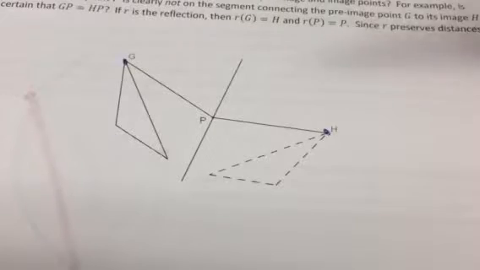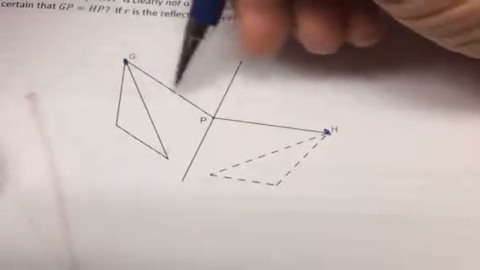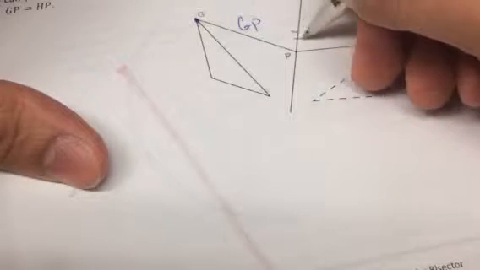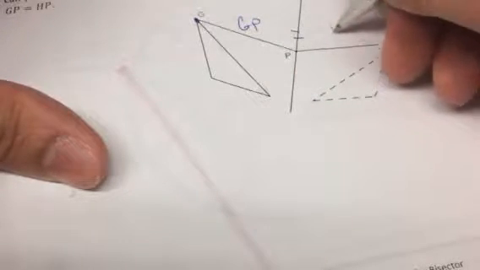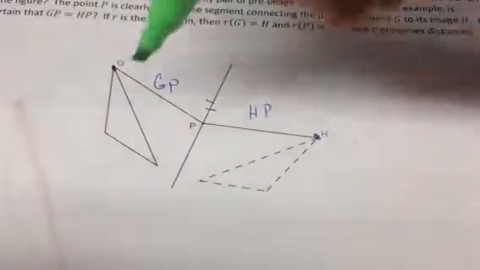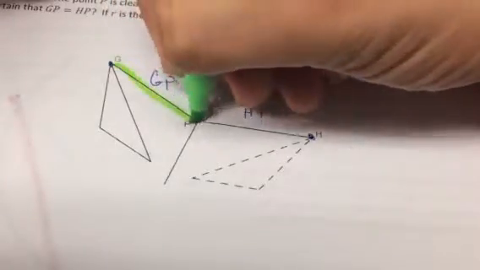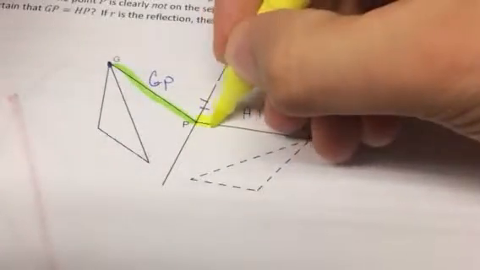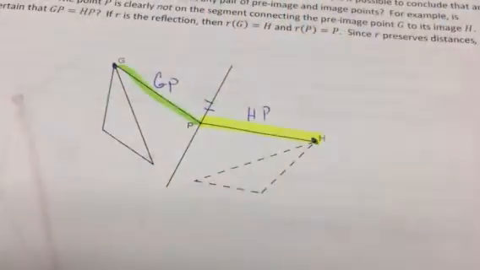They want to know, does GP equal HP? Are they the same distance? They just want to know, again, if this line is the same distance as this line over here. Take a few moments, see if we can figure it out.